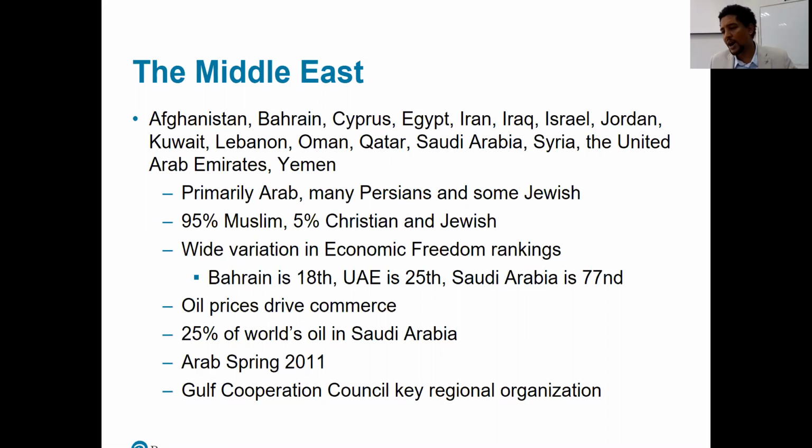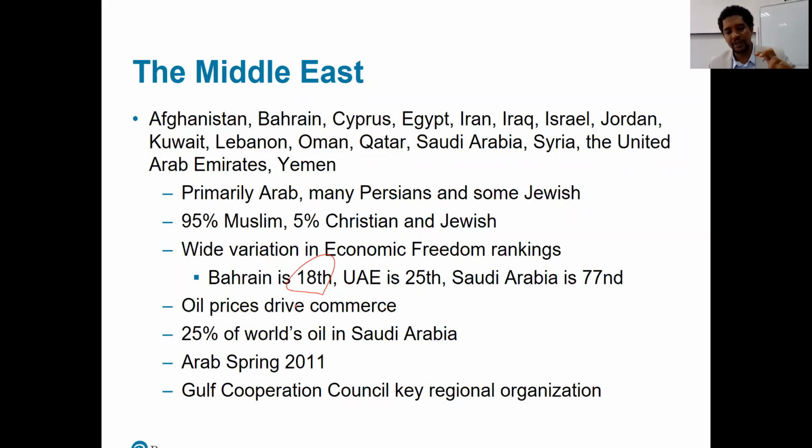So there are wide variations in economic freedom ranking. For example, Bahrain was ranked the 18th, UAE 25th, Saudi Arabia 77th. Okay, so economic freedom ranking.